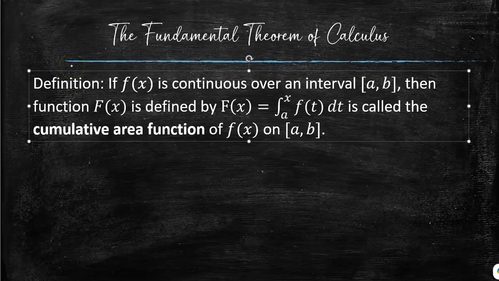For some continuous function f of x over some interval from a to b, we create a new function, call it capital F of x, similar to the notation that we adopted for antiderivative. Is it a coincidence? Well, we'll find out. But we introduce this new function, capital F of x, in what appears to be a strange way.